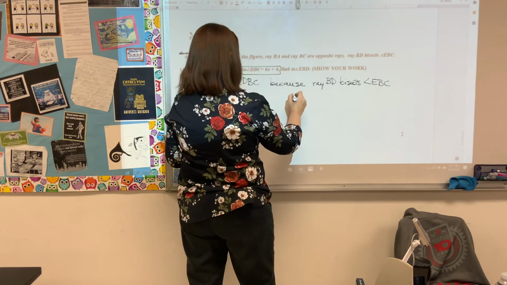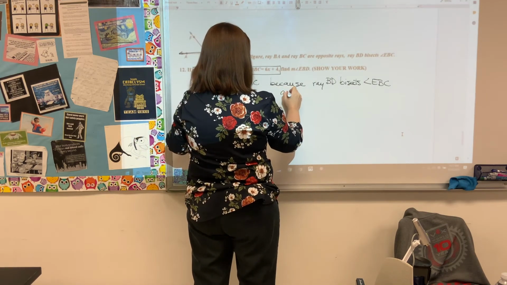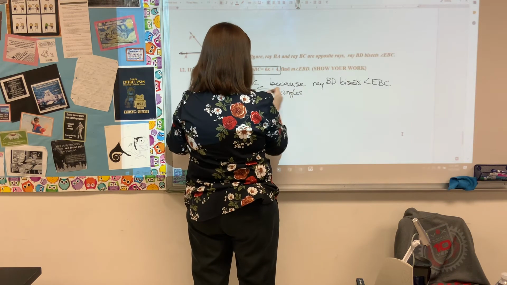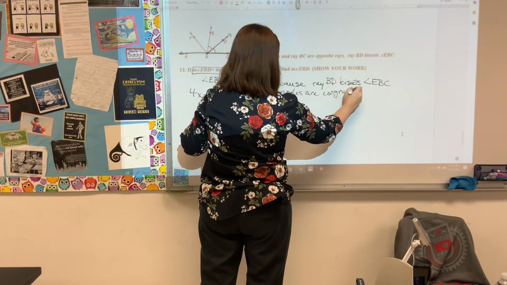We know that these two are congruent. They're the same size.